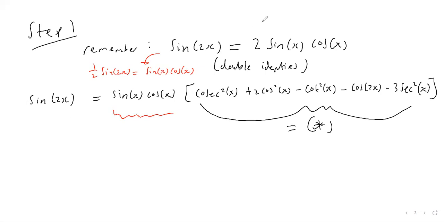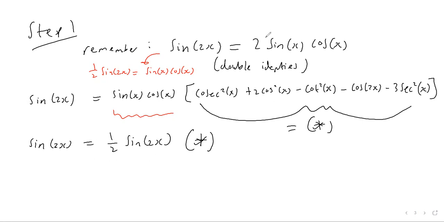Then times by, I've just called all of these terms here star, just because I can't be bothered to write all that out again. So sine 2x equals a half times sine 2x times star.